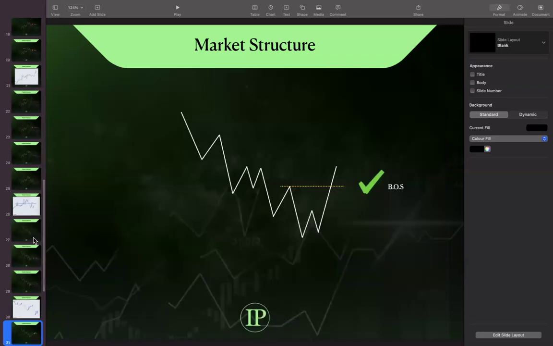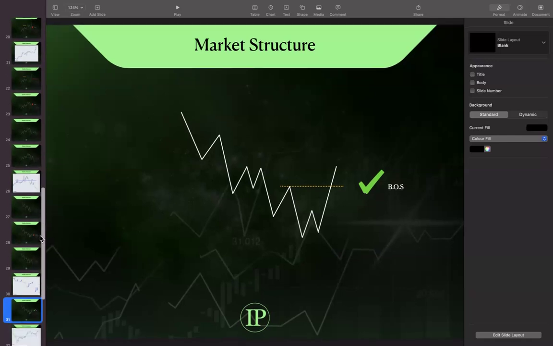Okay, so that is what a valid market structure break looks like once we have violated the high of our impulse leg. I hope this is making sense for you guys. If anybody has any questions, please do let me know. I hope you guys are following along with this.